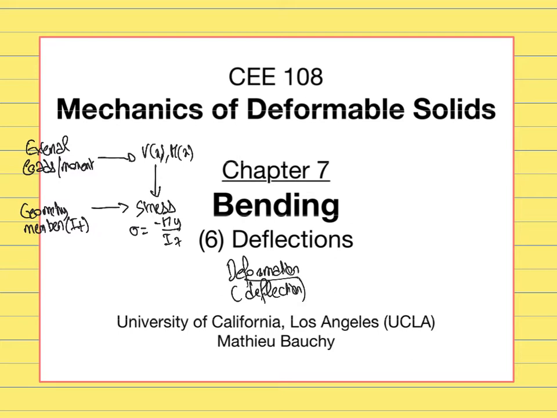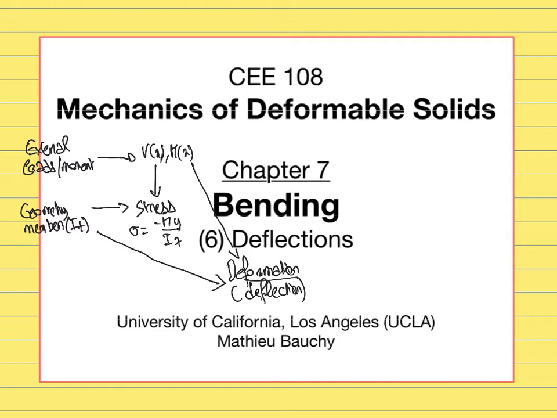When you want to calculate the deflection, first you will need to know the internal load. The internal load will dictate how much deflection you have. You will also need to know the geometry of the member, and specifically its moment of inertia will also have an effect on the propensity of this member to exhibit some deformation, some deflection, when it's subjected to bending.